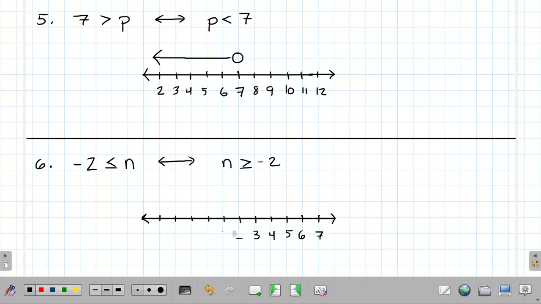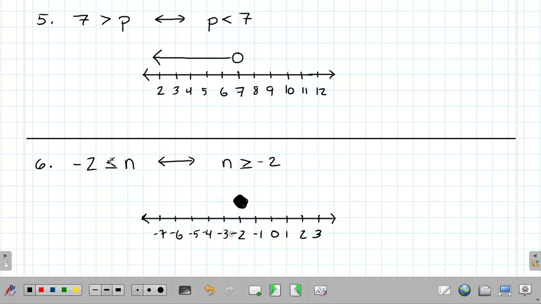I started at 2 and not -2, which is fine because 2 is still on our number line, but it's good to try to focus on where exactly you are on the number line. So here's -2, -1, 0, 1, 2, 3, -3, -4, -5, -6, -7. So we're going to start at -2. n can be equal to -2, so we're going to use a closed circle here.